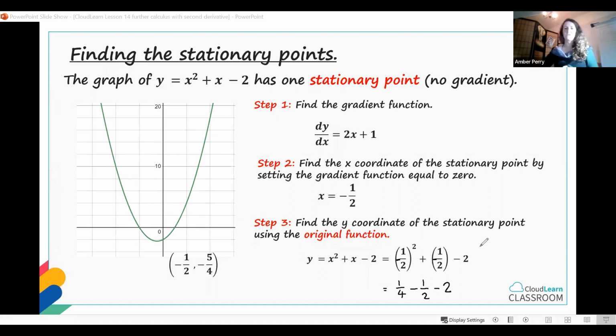Okay, so I'm going to use my calculator and cheat a little bit there. 1/4 minus 1/2 is -1/4, and then -2 is -9/4. So that answer should have been -9/4 there. So that's step 3, finding the y coordinate, is the bit where you just need to remember to go back to your original function.